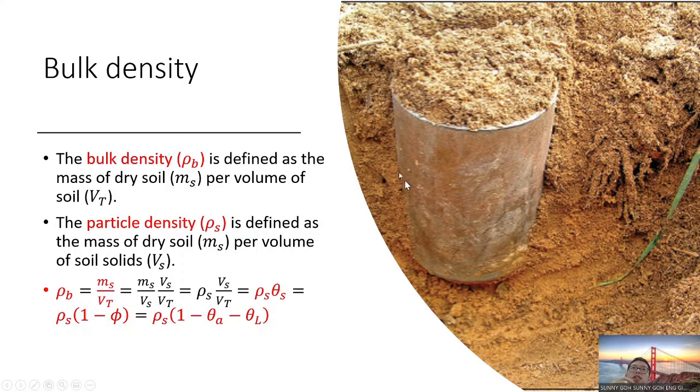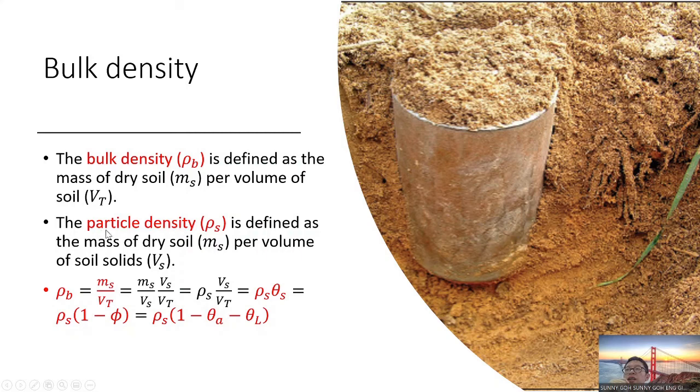Let's say this is an empty cylinder, we hammer it down into the soil, and then we remove the cylinder that contains the soil. So the volume inside the cylinder is the Vt, total volume. Then we take this soil and dry it, and we can get the dry soil mass, Ms. So we take Ms divided by Vt, the total volume of the soil, and we get the bulk density.